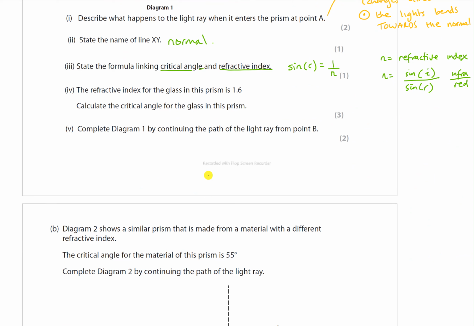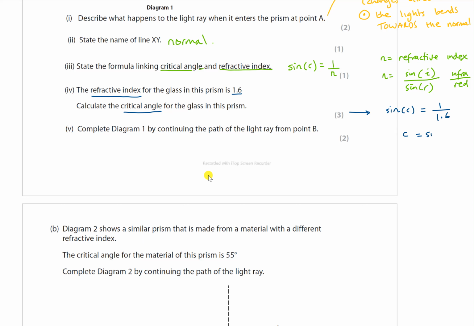Now they've given you the critical angle. No, so they want you to work out the critical angle. They've given you the refractive index. So basically you've got this formula. So what you do, and don't skip any steps. So they're saying sine C equals 1 over 1.6.